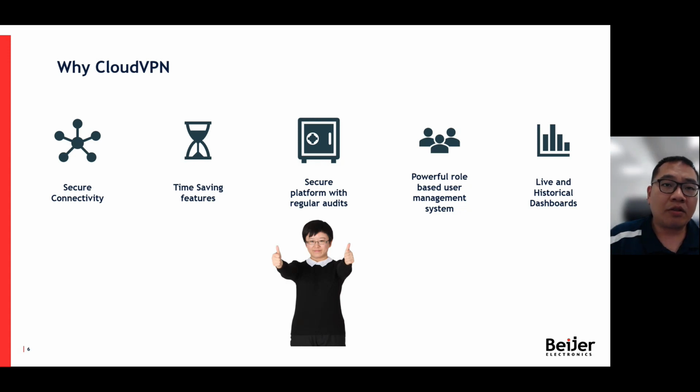One, it ensures secure connectivity with point-to-point encryption from your device all the way to the router and onto the site. Next, it has a lot of time-saving features built in. So once you have a router configured, it's quite easy to expand and scale using the same configurations that you have done.